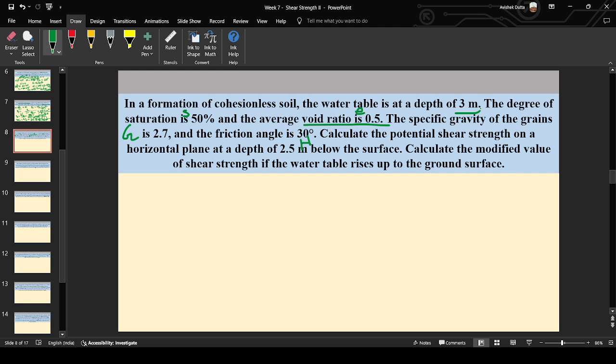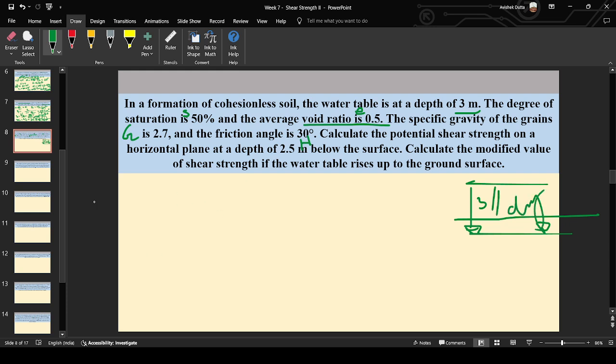Now, first of all, to find out the normal stress, we have to find out the unit weight first of all. Okay. Now for the first case, the water table is at 3 meter depth. We are told to find out the shear strength at a depth of 2.5 meters. So this soil is dry.